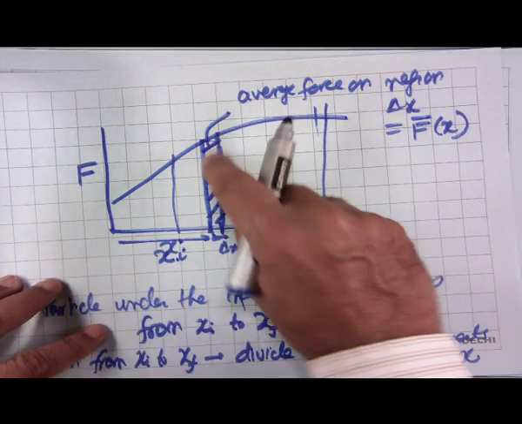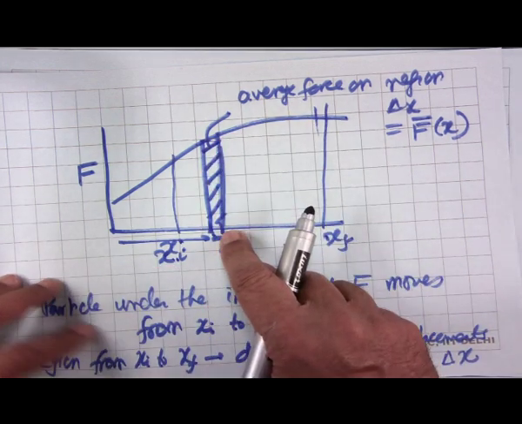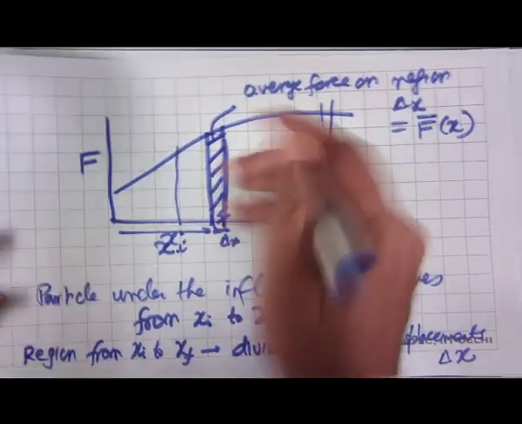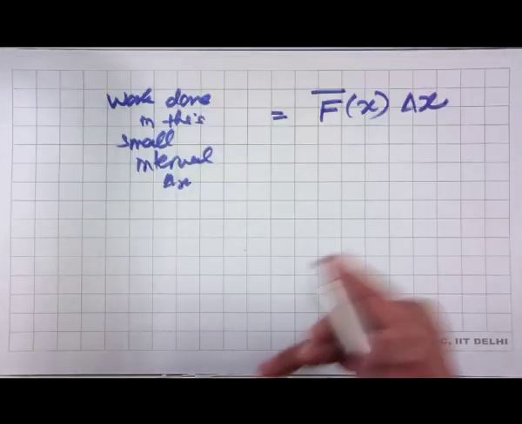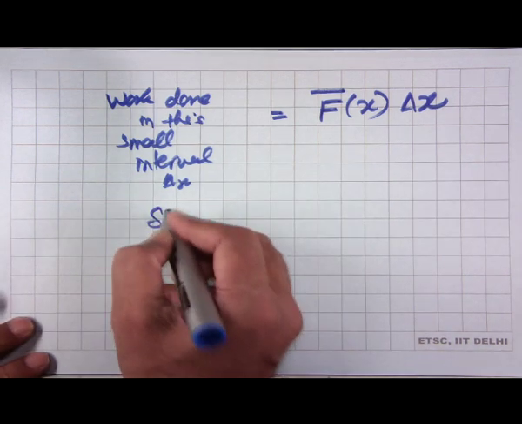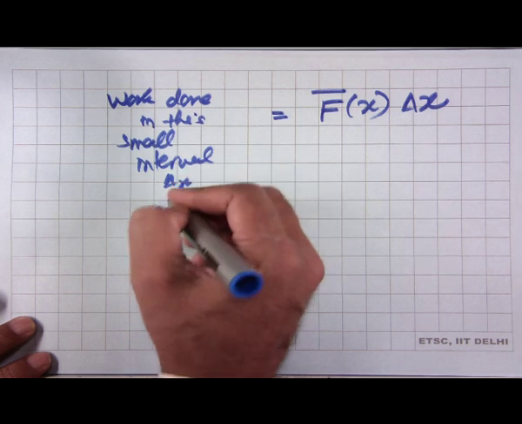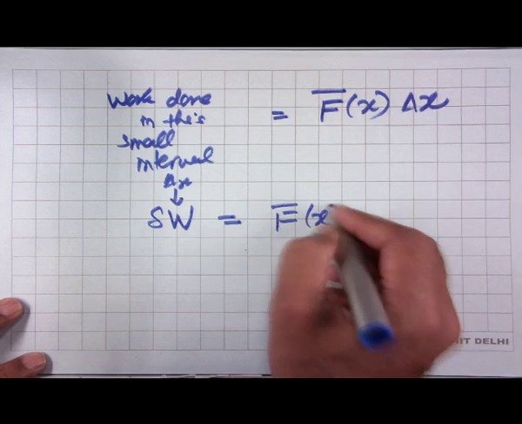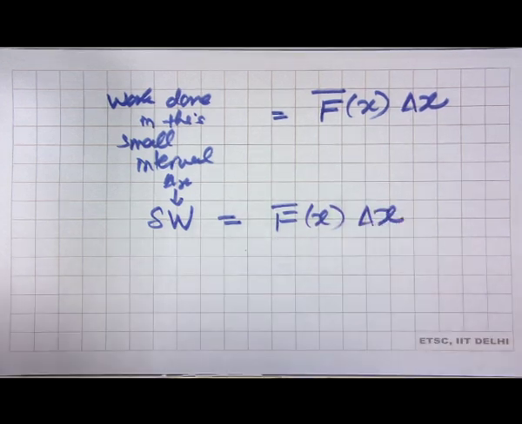This you will see is the area of this small strip which I have shown as shaded. So, now we can write this as delta W, the work done over the small interval delta x, is equal to f bar of x times delta x.